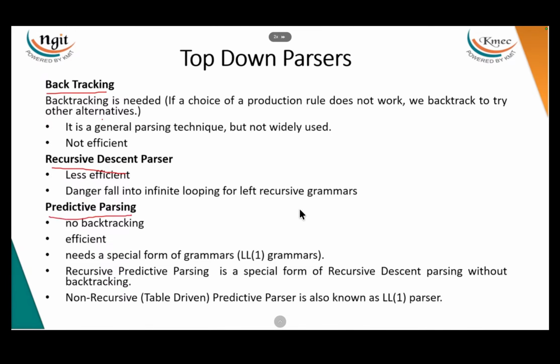See, backtracking means blindly we have to substitute a production. If it is not satisfying our requirement, you have to take a backtrack and substitute another. So it is a general parsing technique, but not widely used because it is not efficient. And the recursive descent parser is less efficient, and both parsers are in danger of falling into an infinite loop for left recursive grammars. What that is, we'll discuss in the next slide.